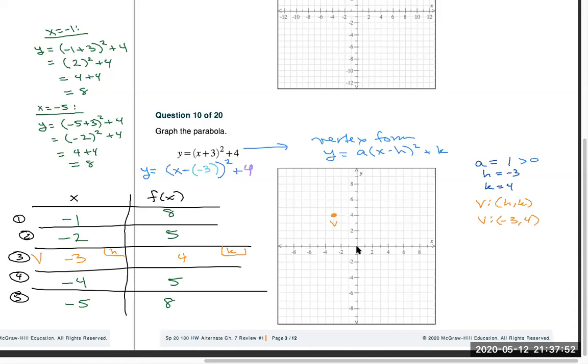So -2, 5, -4, 5, and we have -1, 8, -5, 8.